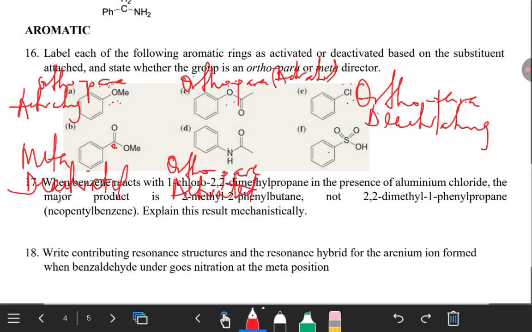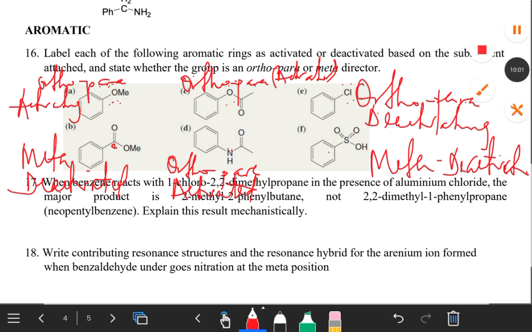So instead of donating, it will be withdrawing electrons from the benzene ring, and because it is withdrawing, it will be a meta director and a deactivator. So these are the solutions for question 16 on aromatic compounds, Ortho-Para and meta directors.